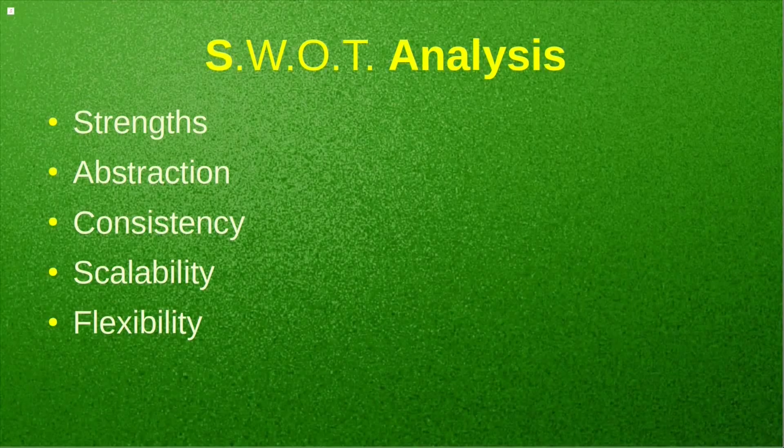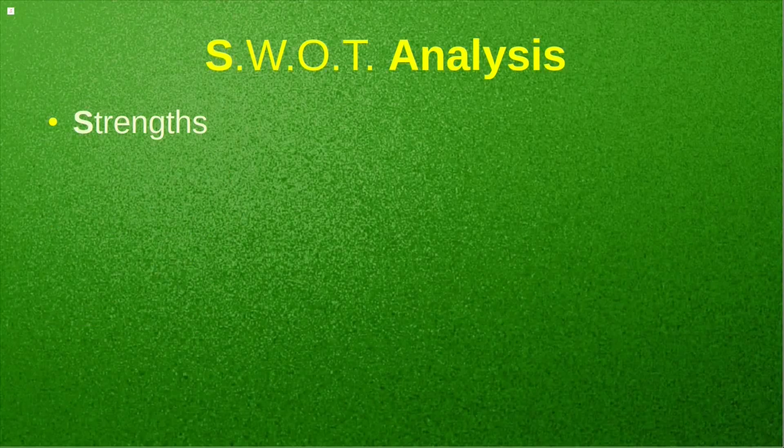This is a SWOT analysis of the abstract factory design pattern using C++. S, Strengths. Abstraction: the abstract factory pattern provides a high level of abstraction. It decouples the client code from the concrete classes it needs to instantiate, promoting loose coupling and flexibility.